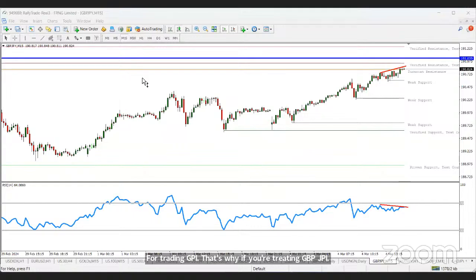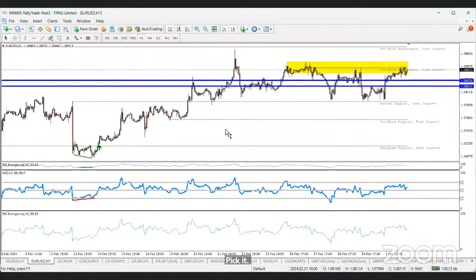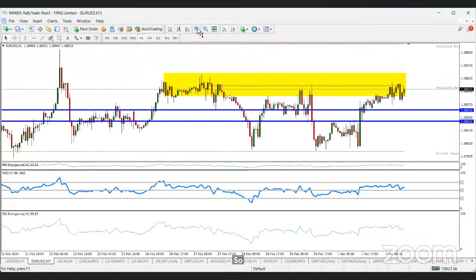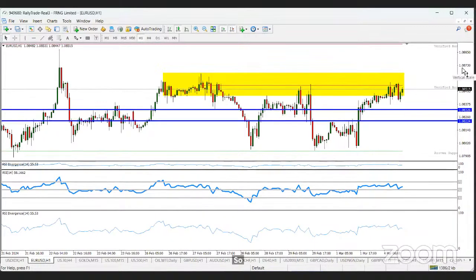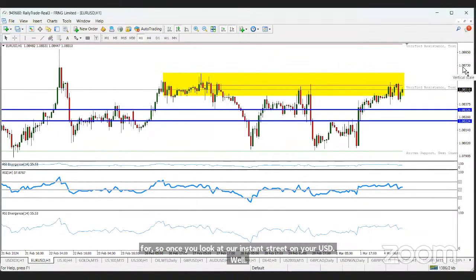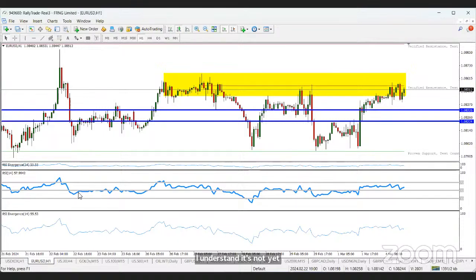Okay. So our instant trade on Euro USD is nothing yet. Euro USD is still at that verified resistance, right? So there's nothing to say about that.